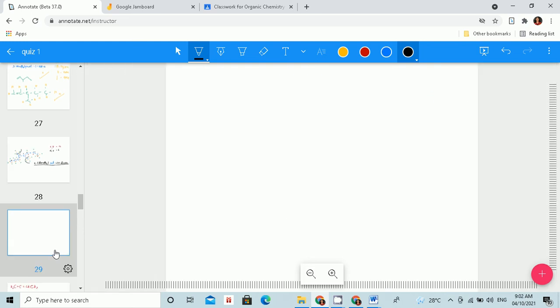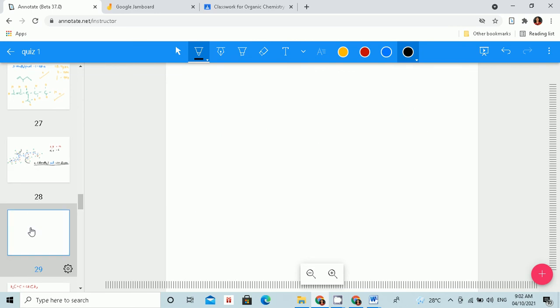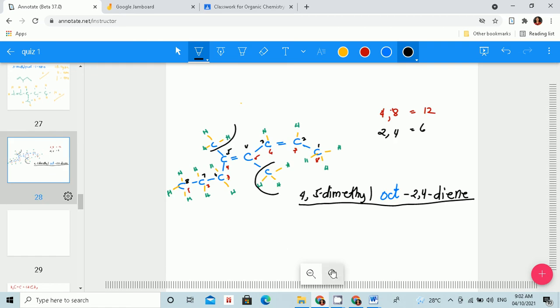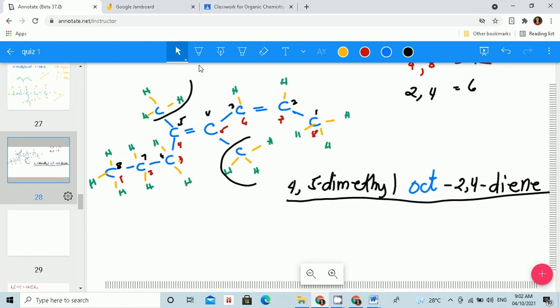Okay, for number 2, we are going to write the condensed structure. Since it's an octane, we have carbons 1, 2, 3, 4, 5, 6, 7, 8.